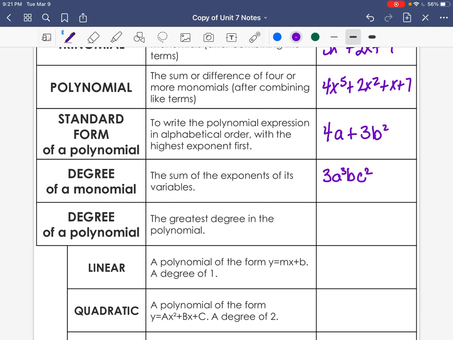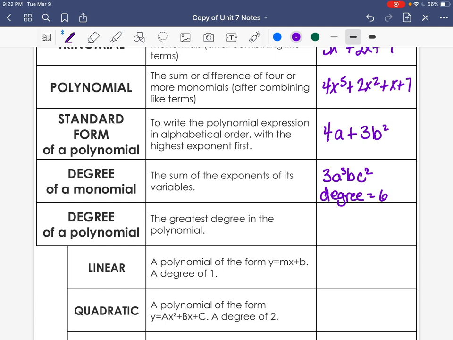So the degree of this monomial would be 3 plus 1. Remember, there's a 1 there, plus 2. So it would be 6. Okay, so you add all of the exponents together to find the degree. Degree of a polynomial is the greatest degree in the polynomial.